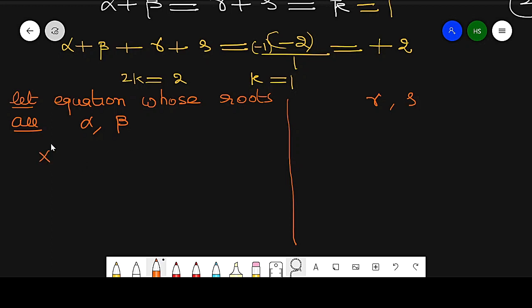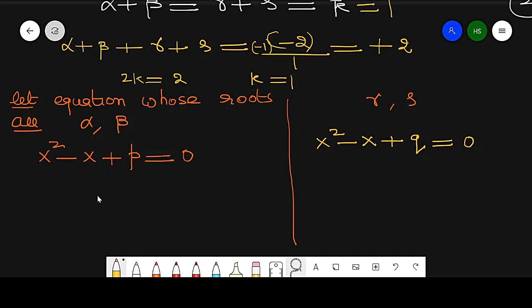So we get x square minus sum of roots plus product of roots. So I am taking it as small p. Similarly, here x square minus sum of roots plus product of roots, which is equal to q, these values.